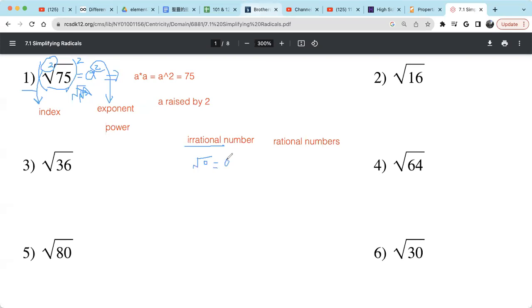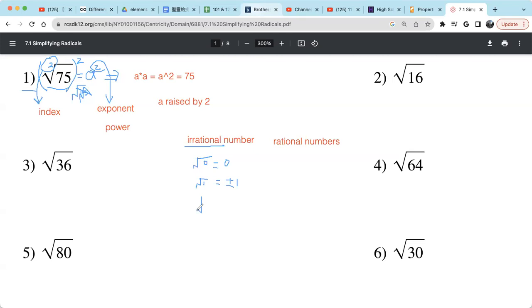The square root of 1 means a number squared to be 1. Positive 1 squared equals 1, and negative 1 squared also equals 1, because negative 1 times negative 1 is positive 1.